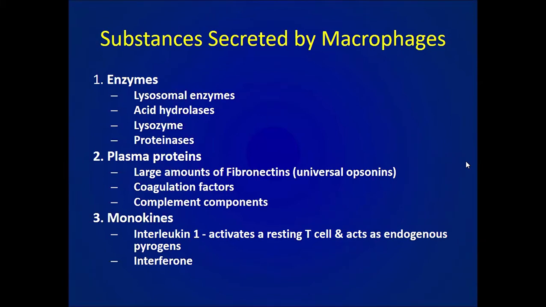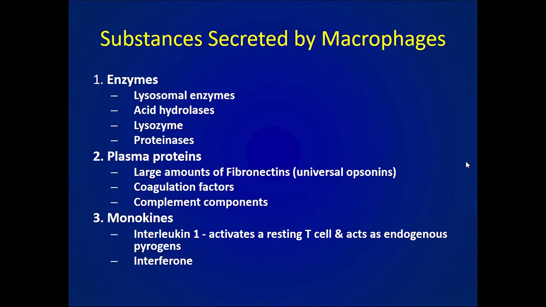And then aside from proteins and enzymes, they also produce the cytokines, specifically referred to as monokines. This includes interleukin 1, which is responsible for activating T cells and acts as an endogenous pyrogen.